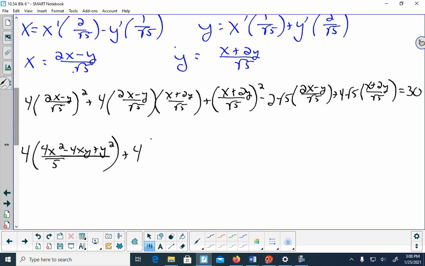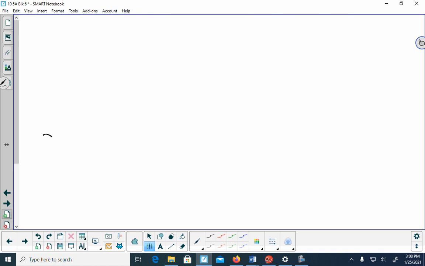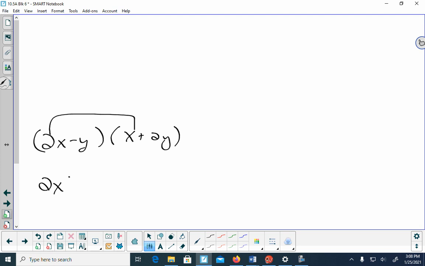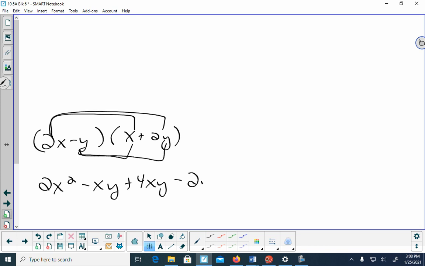plus 4. Now I'm going to multiply the 2x minus y times x plus 2y. There's no rules for this. I'm just going to have to FOIL. So this will be 2x squared minus xy plus 4xy minus 2y squared. Combining my like terms, I'm going to have 2x squared plus 3xy minus 2y squared.